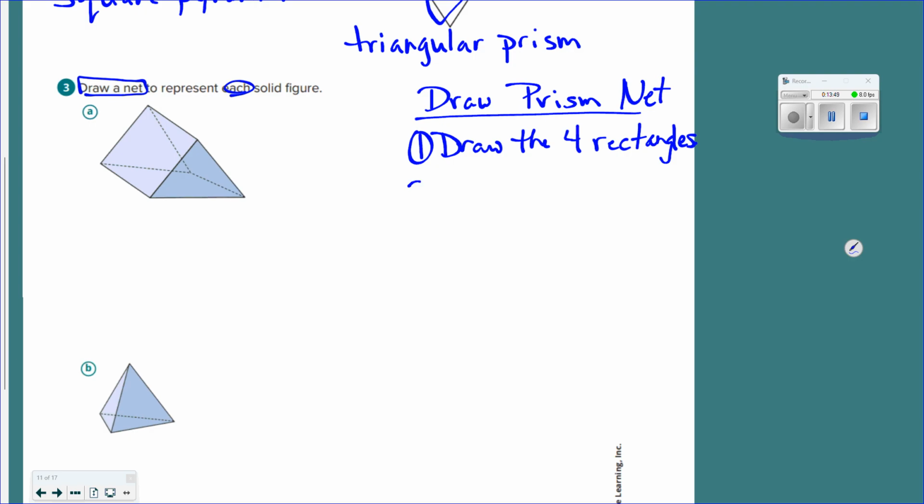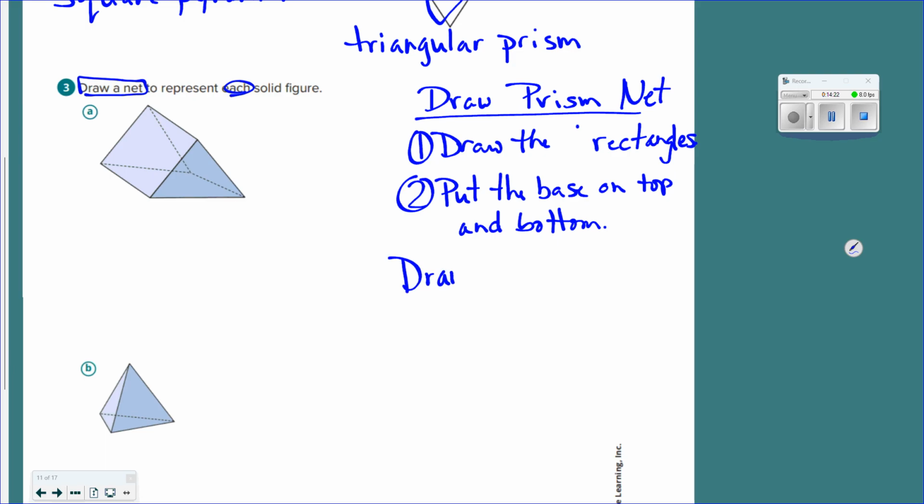And then you're going to put the base on. For this example, we bring them in the same rectangle. You're going to draw the rectangles first, the sides, and then you're going to put the base on top and bottom. Then I'm going to draw a pyramid net.